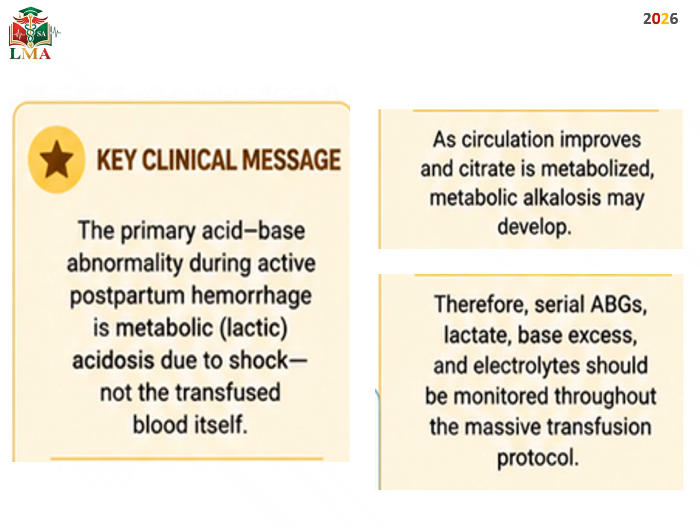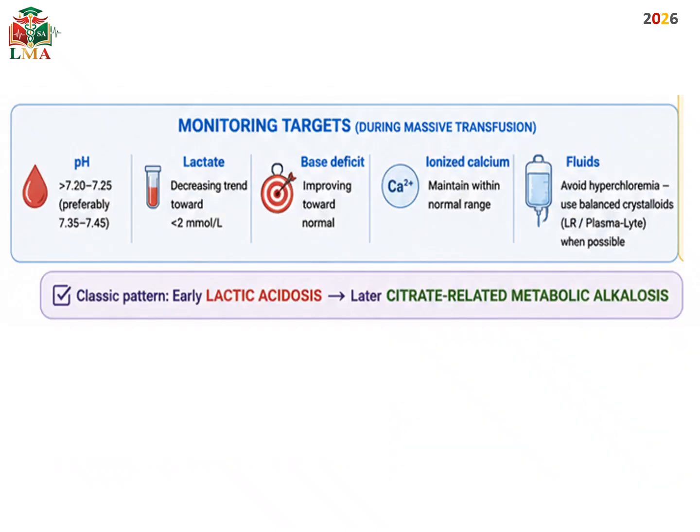Serial ABG, lactate, base excess, and electrolytes should be monitored throughout the massive transfusion protocol. The targets during massive transfusion are a pH more than 7.2 to 7.25, preferably 7.35 to 7.45, which is the normal range. Lactate should decrease toward less than 2 millimole per liter with an improving base deficit.